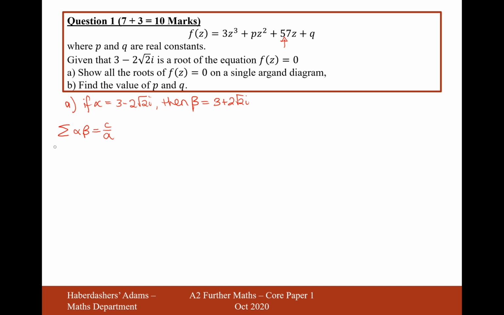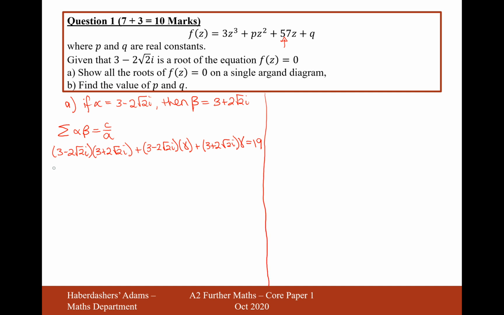So it's (3 − 2√2i)(3 + 2√2i) + (3 − 2√2i)γ + (3 + 2√2i)γ = c over a. This value is c, the first value is a, so 57 divided by 3 is 19, so it equals 19.